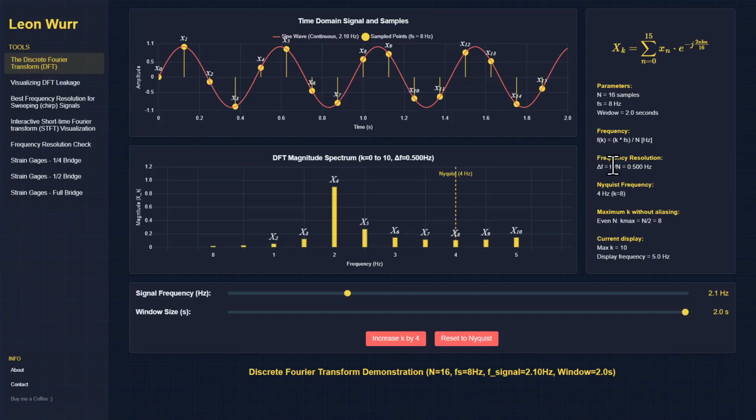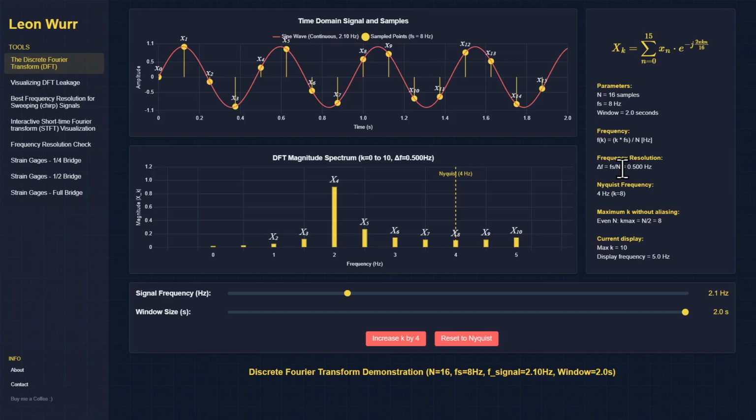It is just the sampling frequency divided by the number of samples that I acquired. And in this particular example, I have a bin at 0.5 Hertz, another at 1 Hertz, another at 1.5 Hertz. So the k value here is not necessarily your frequency, it's just the index of the bin itself. And you convert from the index to the frequency using this formula.